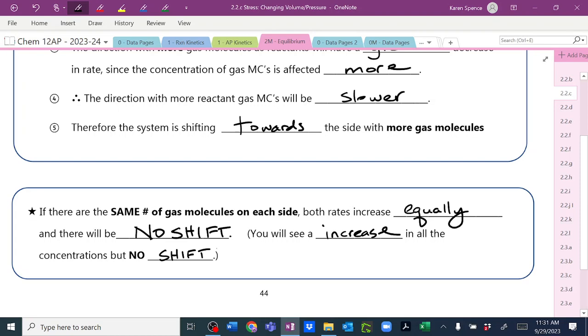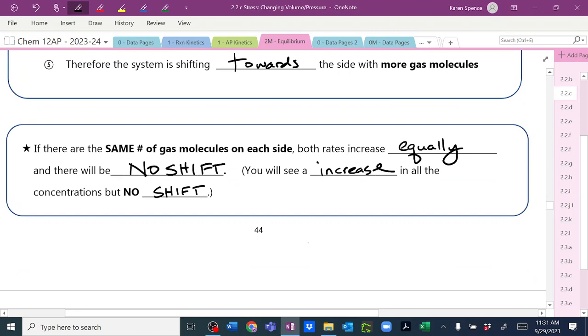Yeah, but no shift is what you're going to see. If we did a concentration diagram, let's just say we had two different species here, you would see them both go up. Then what would they do?